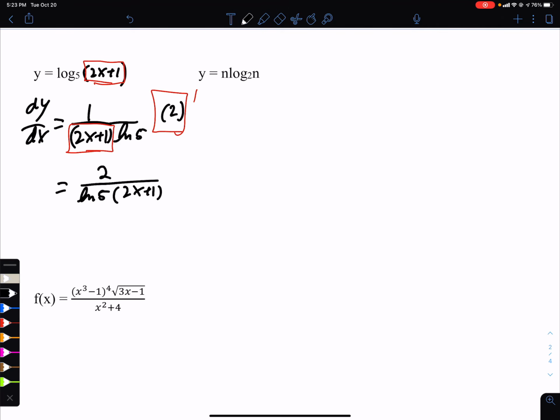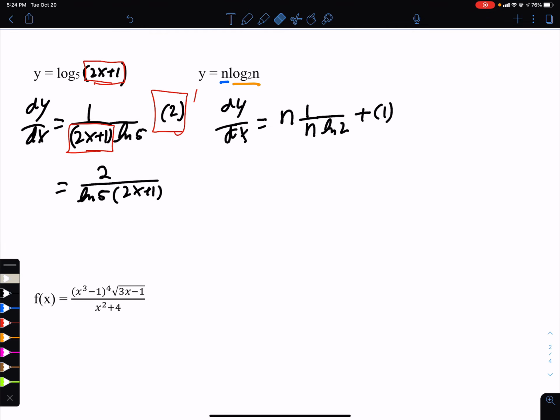Okay, we are trying to find dy dx. What you should see, we have a product. Two things are being multiplied. So we leave the first alone, and the derivative of log base 2 of n is going to be 1 over n, and also on the bottom, ln of your base. That's just the derivative of a log that you learned, plus we take the derivative of the first, which is 1.